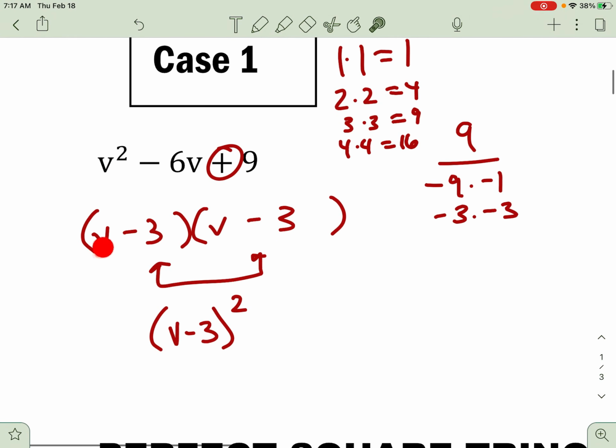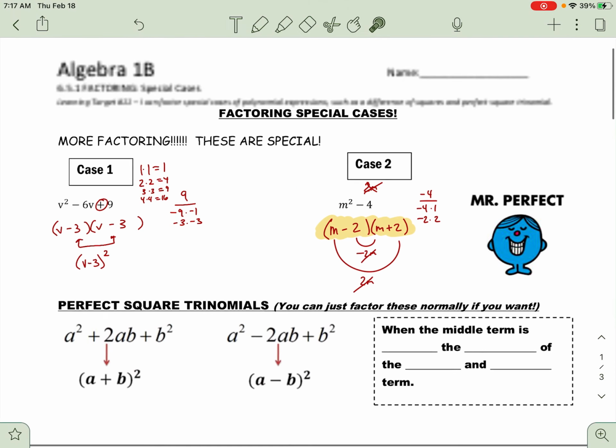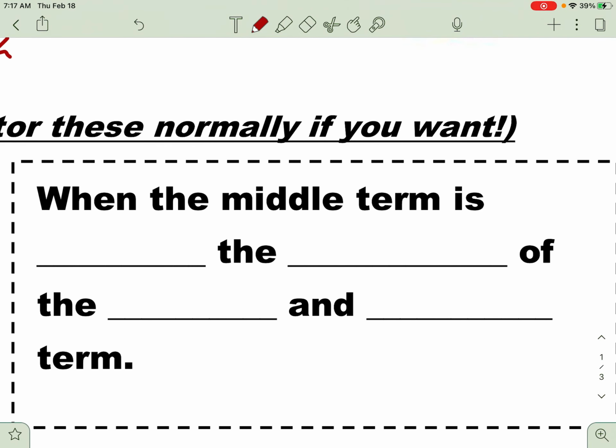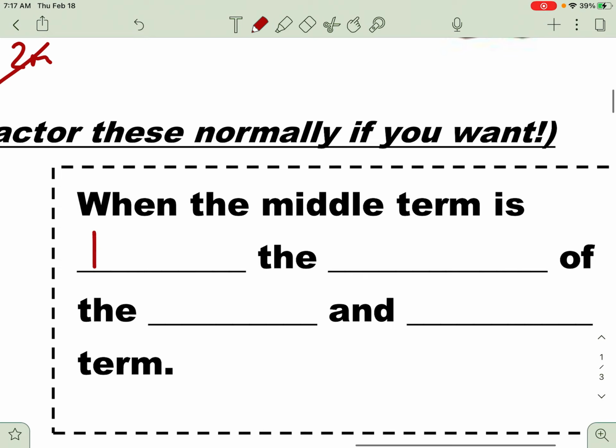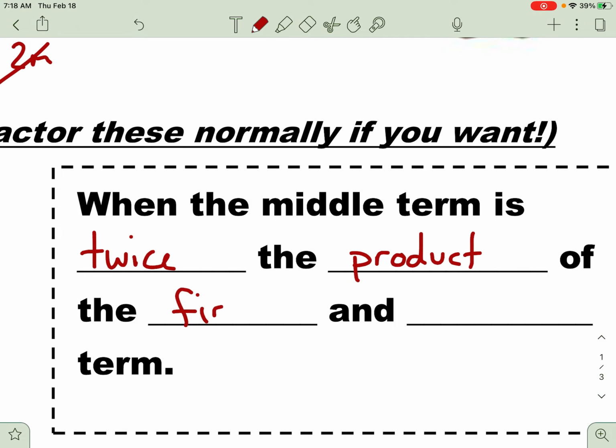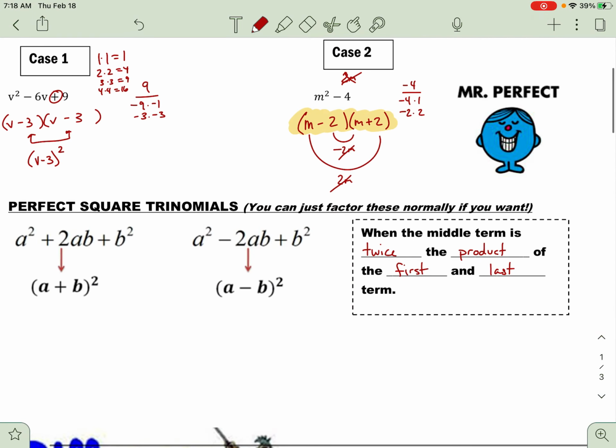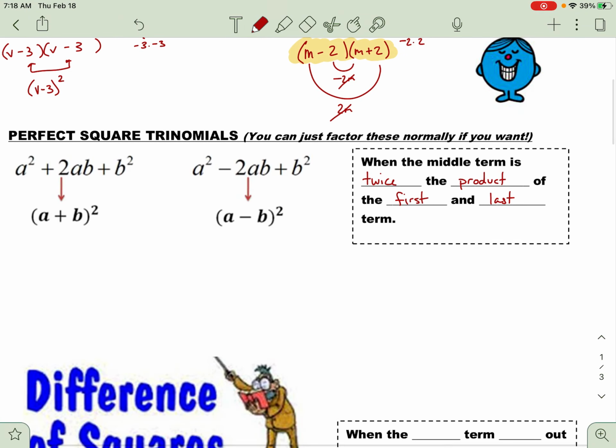So if a was v, b was 3, a minus b squared. So all that means is that when the middle term is twice the product of the first and last term, that's how you know it's a perfect square trinomial.